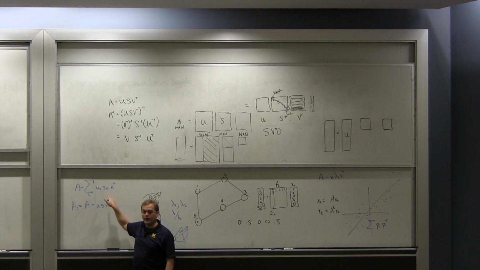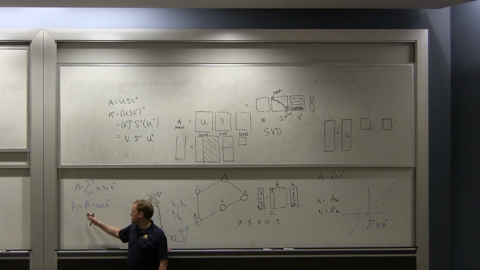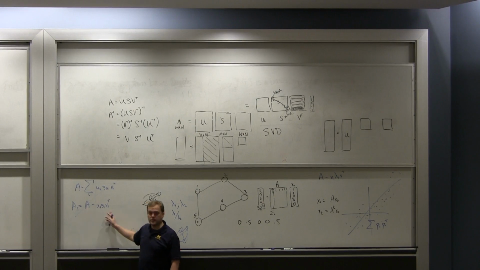Now, if I've done the power method, the only ones I actually know are u_1, s_1, and v_1, because my power method will pull off the dominant eigenvector and eigenvalue at every step. And I don't actually need to know the others. I'm just going to take my old A and subtract off the component in the dominant direction.